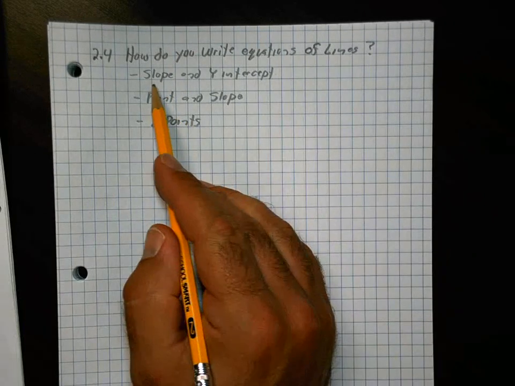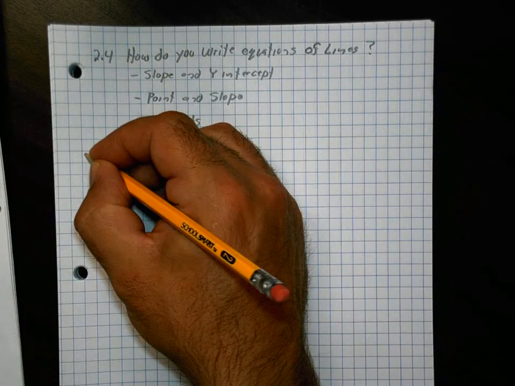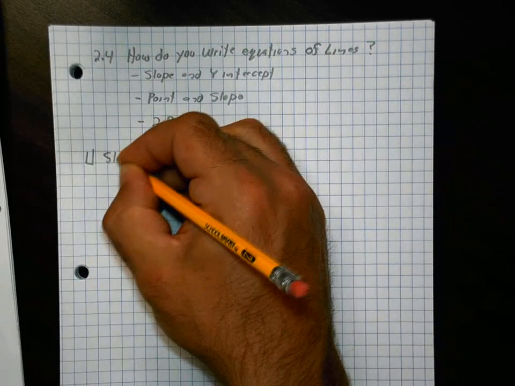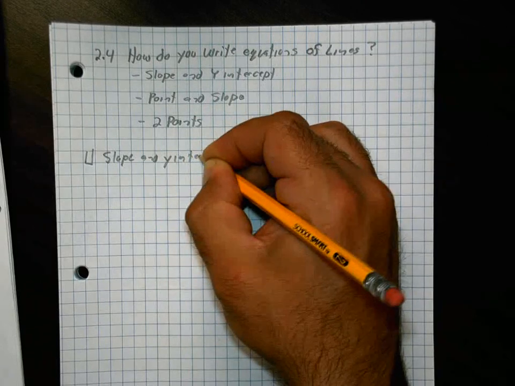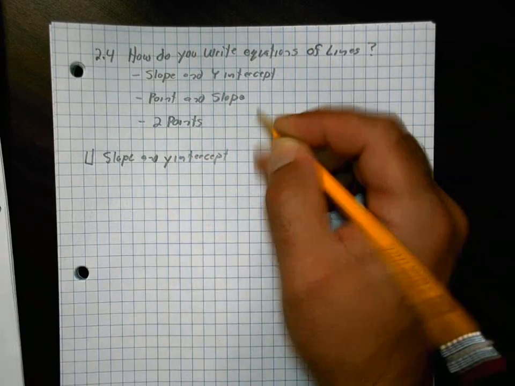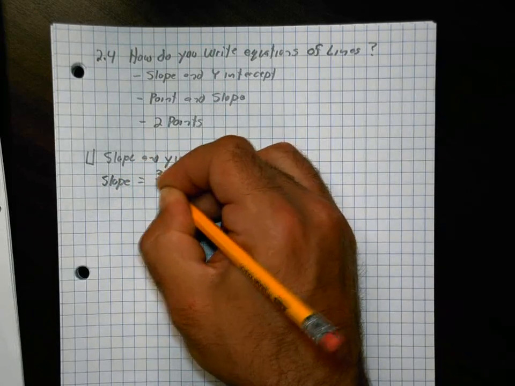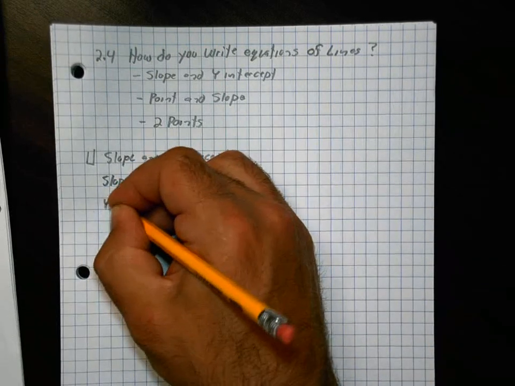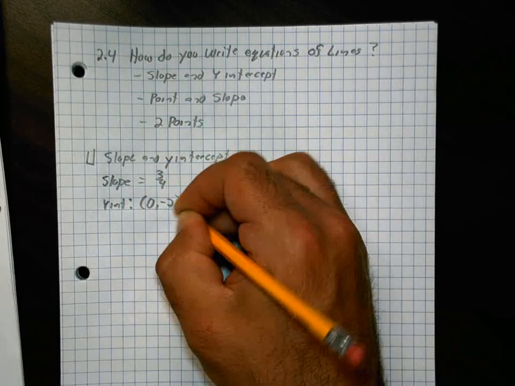Let's start with the simplest one. What if I'm given slope and y-intercept? Let's say the slope is 3/4 and the y-intercept is (0, -2).